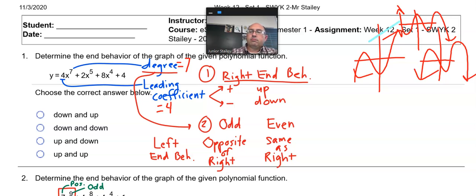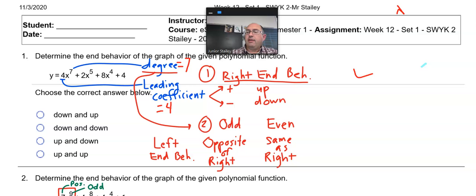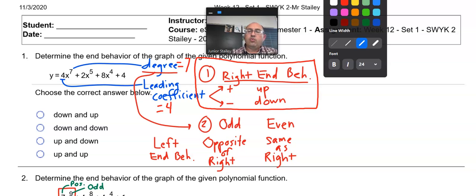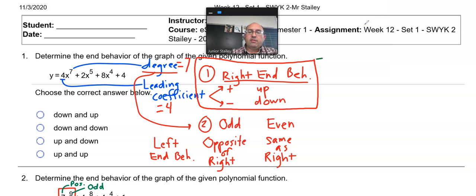There are some basic rules. First of all, always find the right end behavior first. The right end behavior is based on the leading coefficient, so you always pay attention to the leading coefficient first.